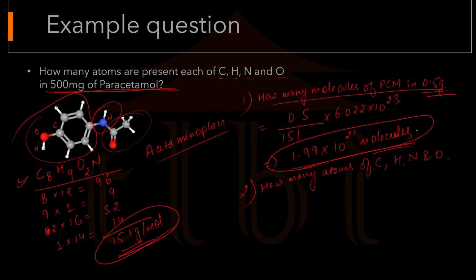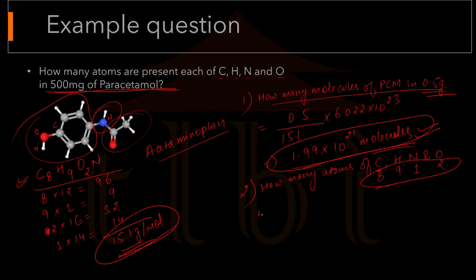So each of these molecules of paracetamol will have 8 atoms of carbon, 9 atoms of hydrogen, 1 atom of nitrogen and 2 atoms of oxygen, right? That we can get from its molecular formula.